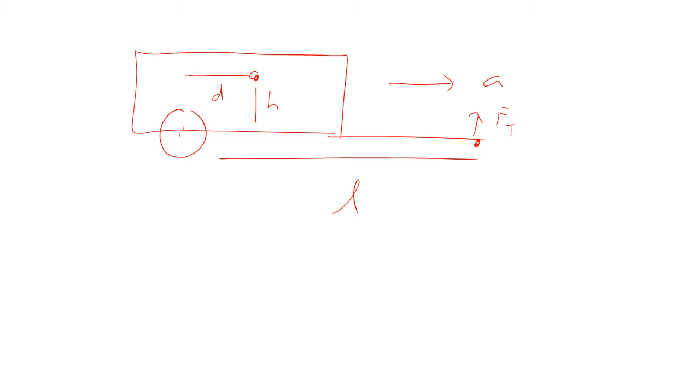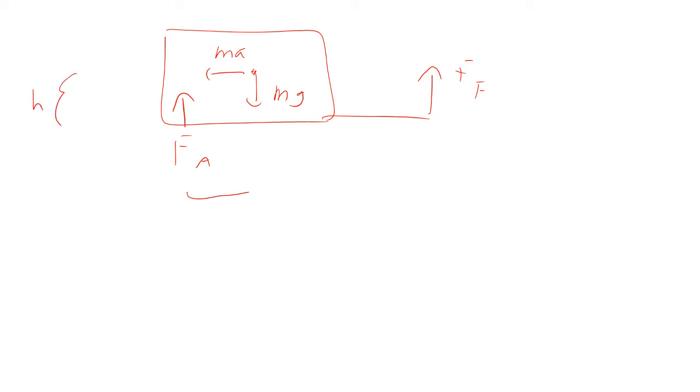Well, free body diagram. You've got this force right here. At the center of mass, you've got mg down. You've got the force of the axle, but we have what looks like a force ma right there. Again, this height here is h, that distance right there is d, and this full distance right here is L.